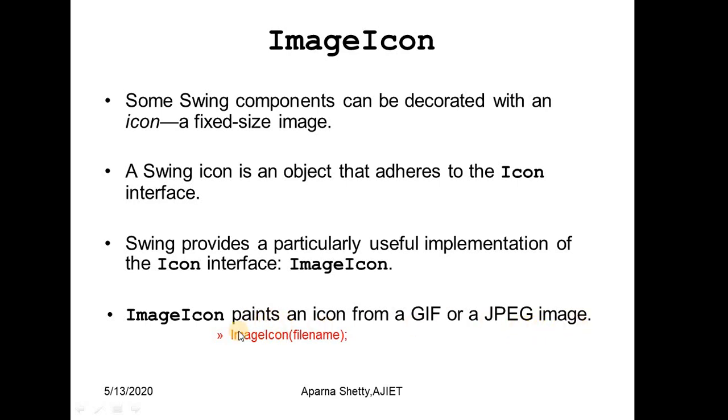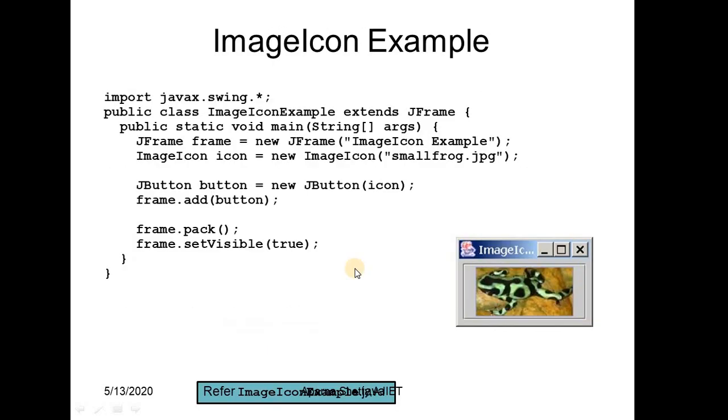So if I want to display any images, I can display them by using this ImageIcon. The file name over here is the file name of that image. So I can display any images I want by using this ImageIcon.